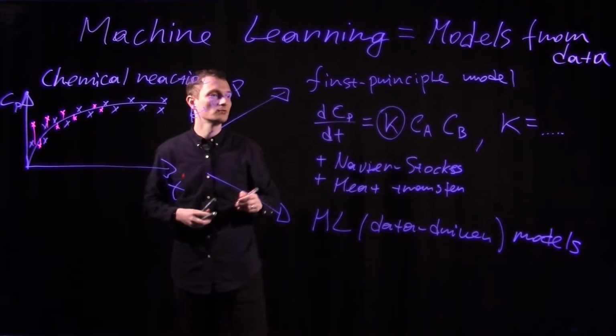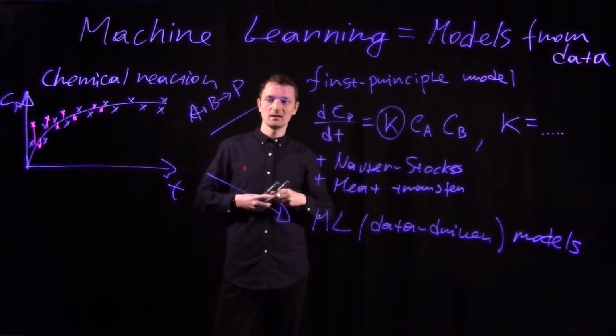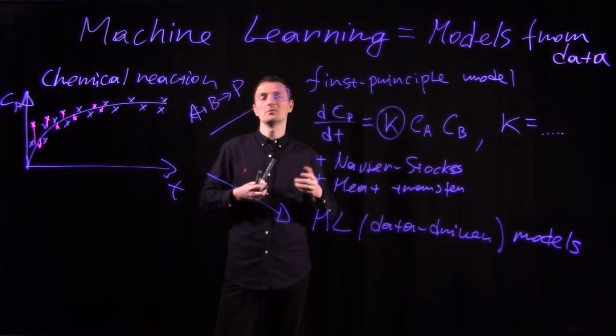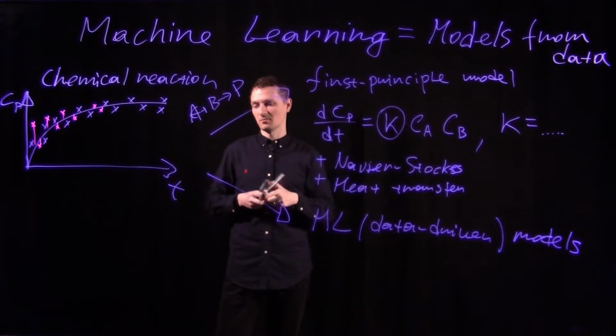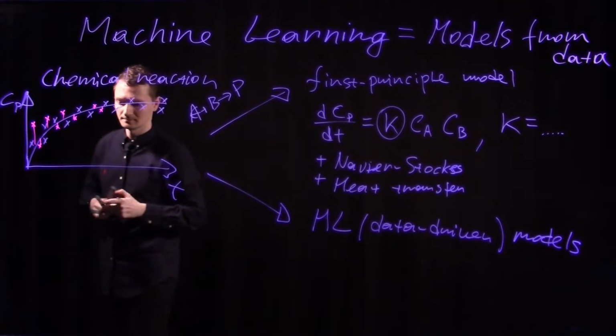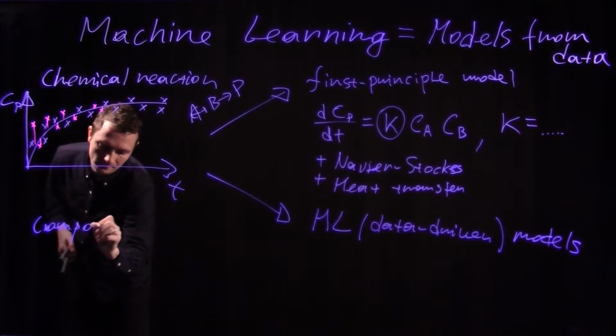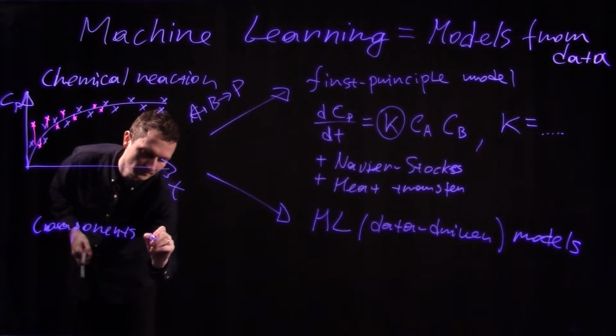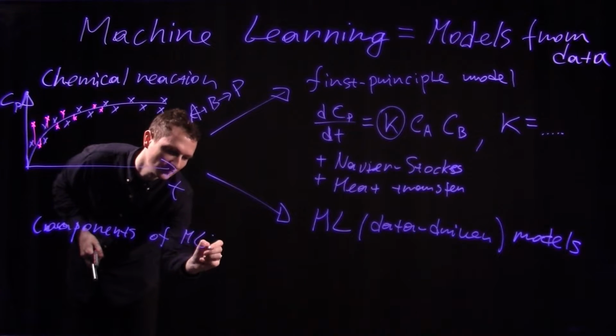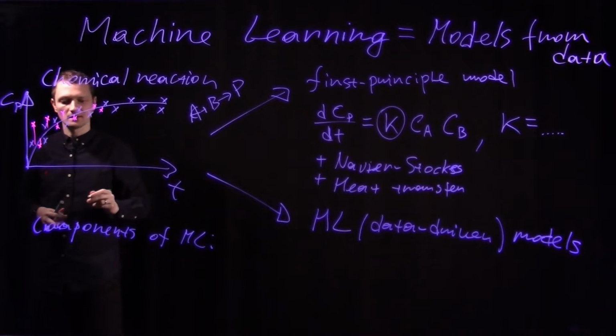How do they work? So basically, machine learning models or problems, they have three major components. First of them is experience.